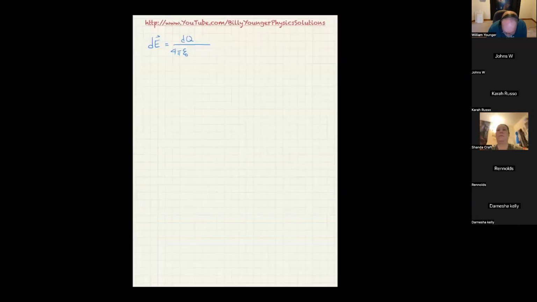But the differential of an electric field, dE, is equal to, and like I said, I'm in the process of trying to share this with you. The differential electric field is equal to the differential charge dq divided by 4 pi epsilon naught.